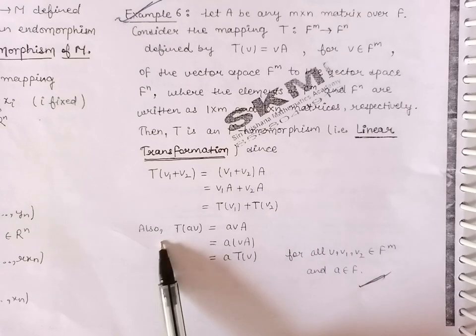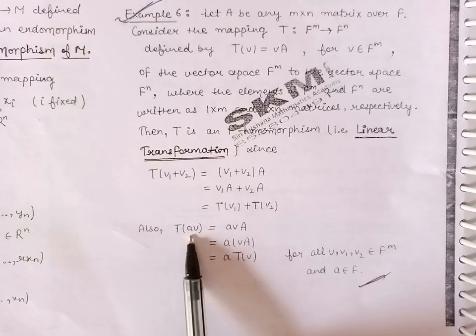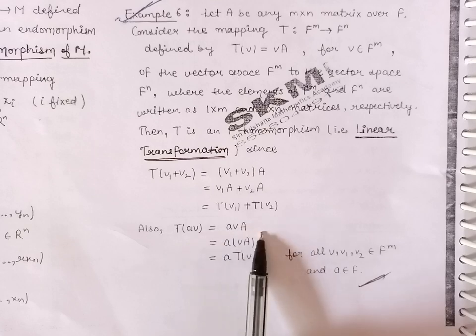Now in the second condition, let us take a scalar a belonging to F and V belonging to the vector space Fm, and the image of aV. By definition of T, this will be (aV)A.